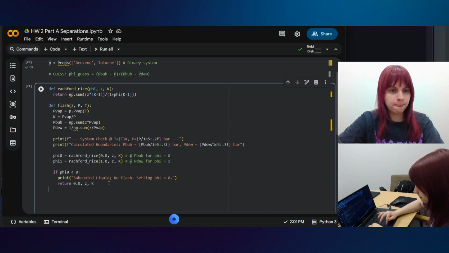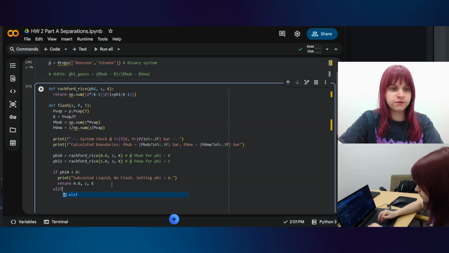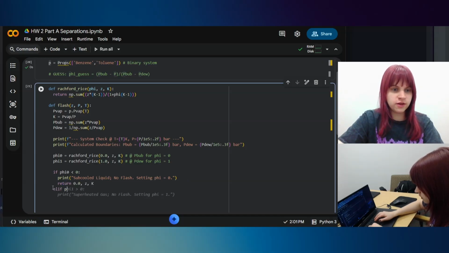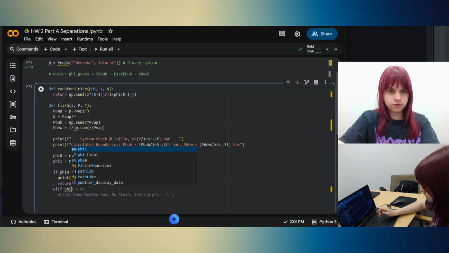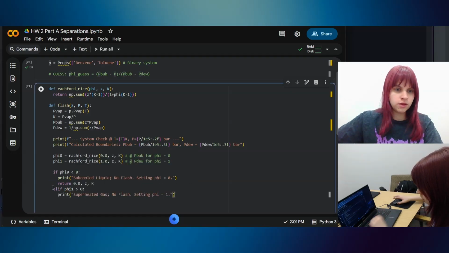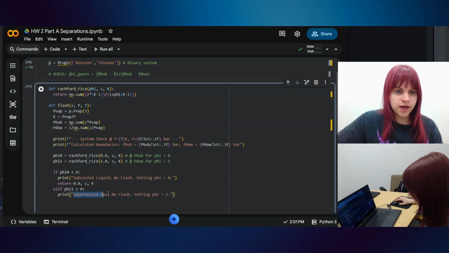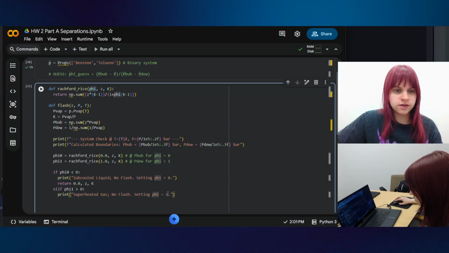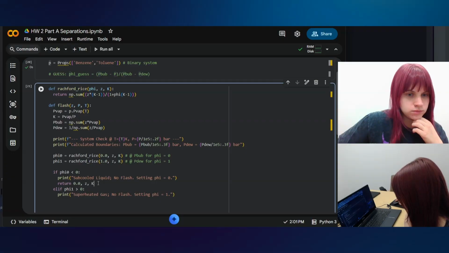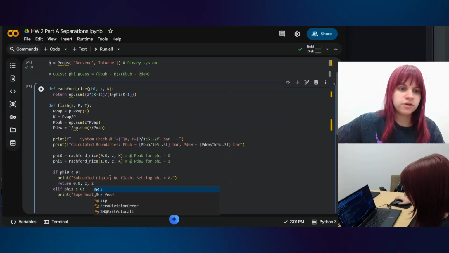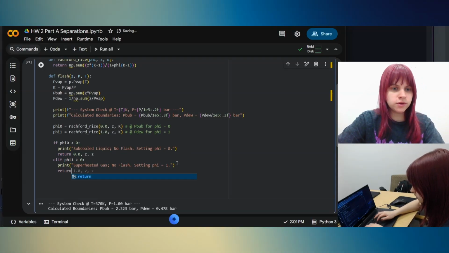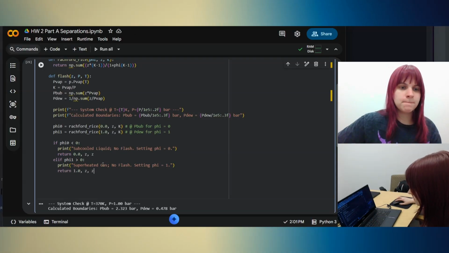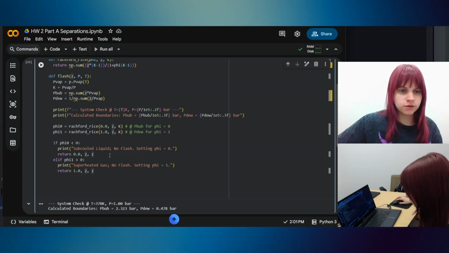And then we're going to do elif, which is basically else if phi 1 is greater than 0, we have a superheated gas with no flash, and phi is equal to 1. And that should be another z, actually.